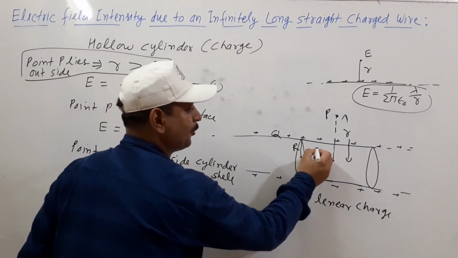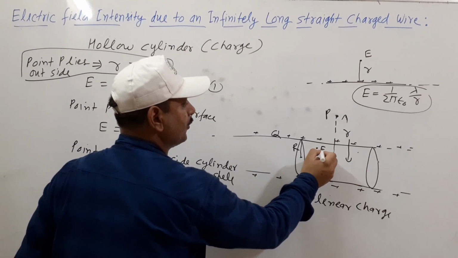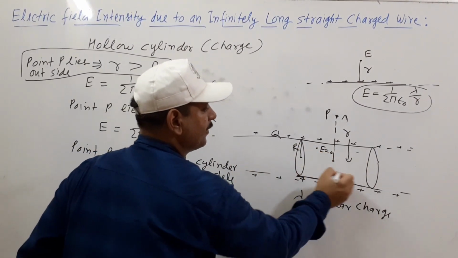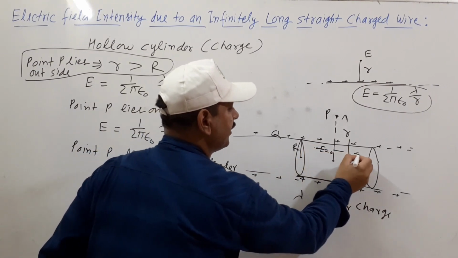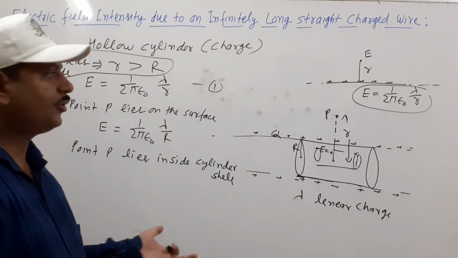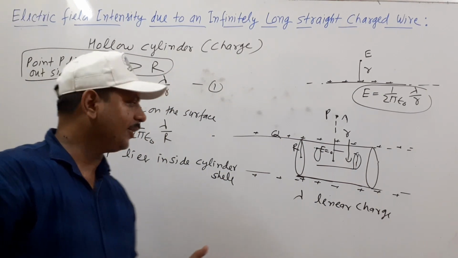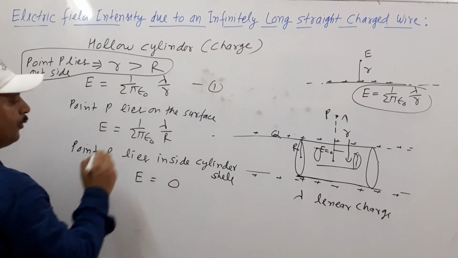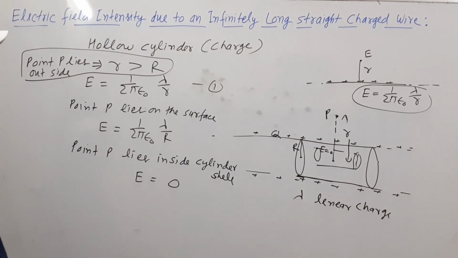Electric field at any point inside is 0, because if you make a Gaussian surface here, you will see inside no charge, total charge inside is 0. So at that time E is 0, electric field intensity will be 0.